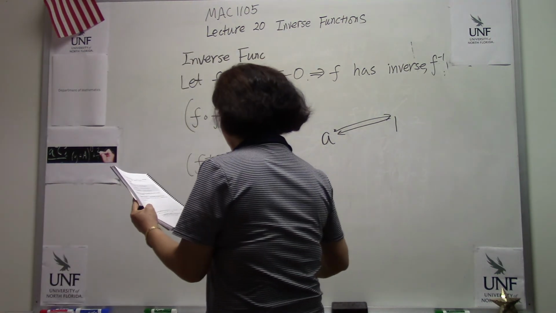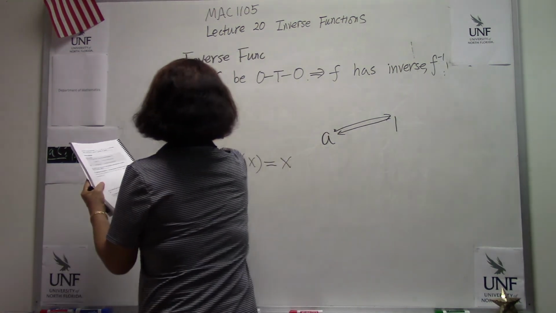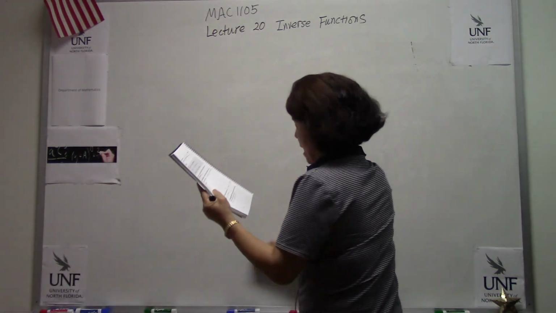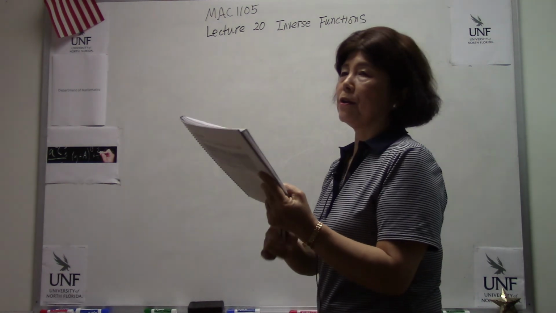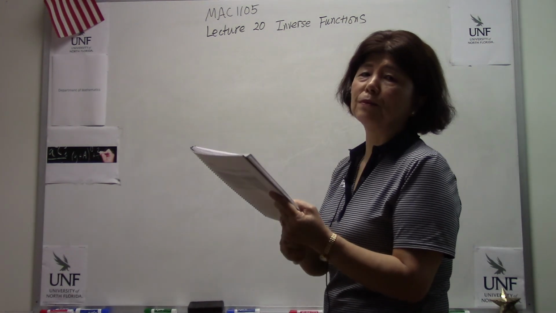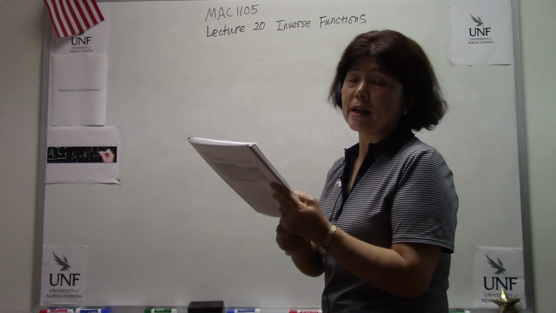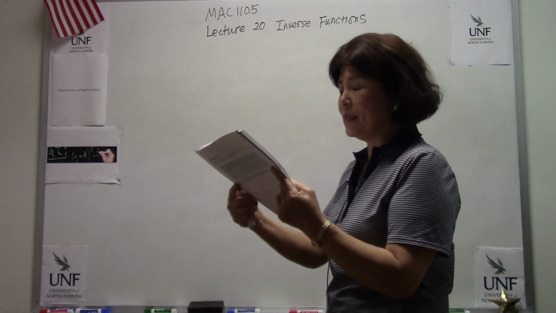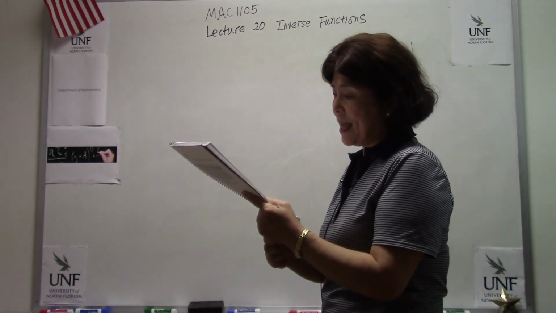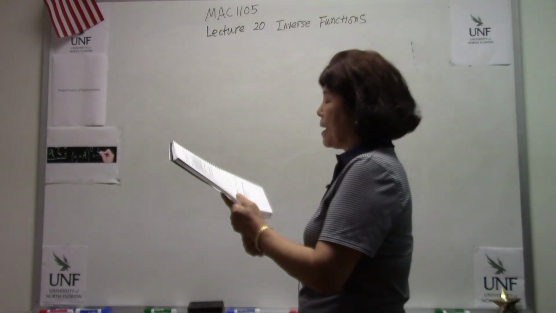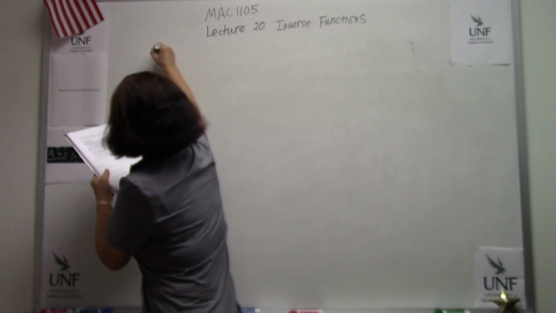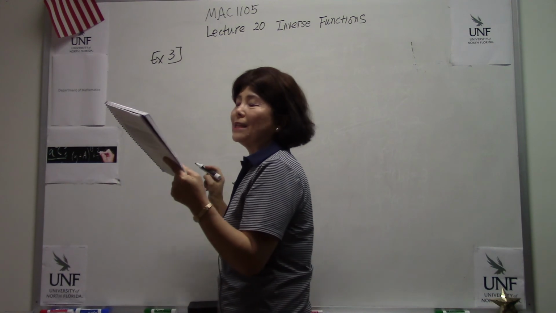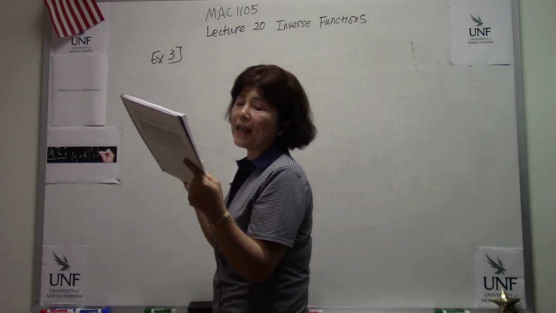So, example 3. Yeah, I think you had homework problems at the end of the composition of functions. Yes, I think I picked one problem about this. You compose it and then the result is going to be just x. So example 3. This is a nice case where they already gave you two functions and you decide whether these two functions are inverses.